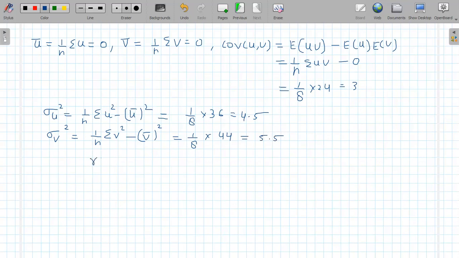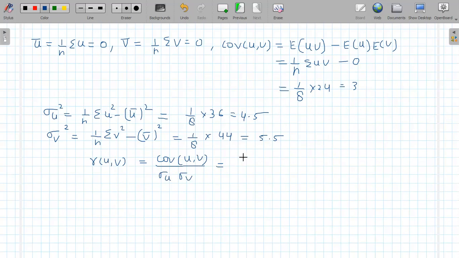So the correlation between u and v is the covariance between u and v divided by sigma u into sigma v.